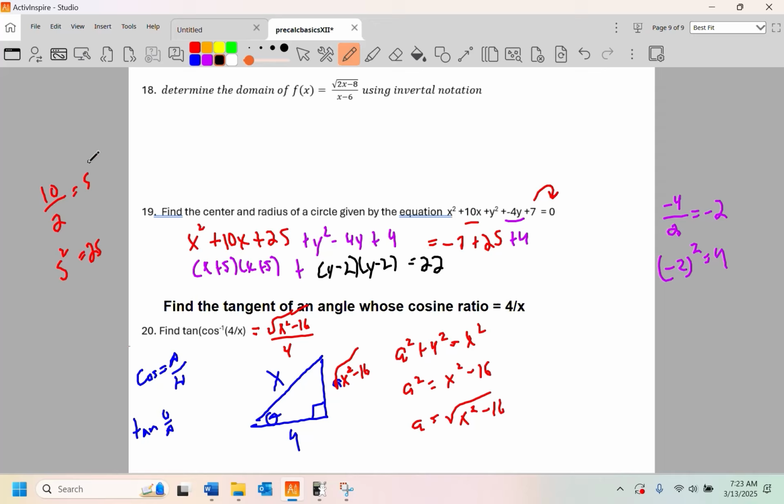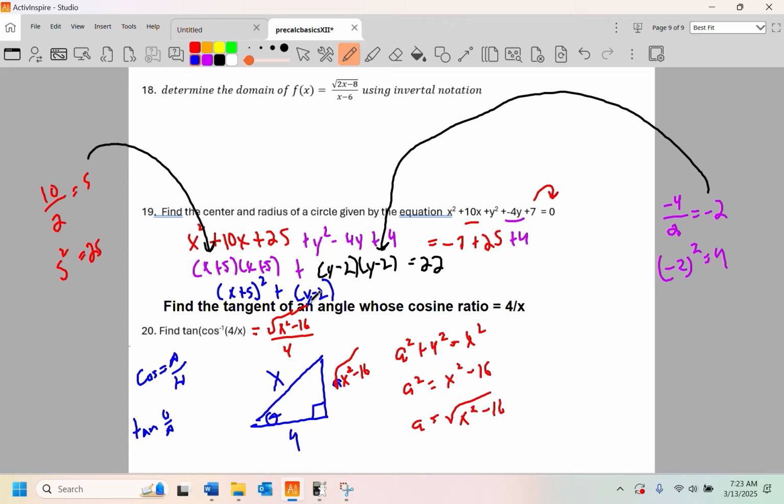Now, see the 5? See the negative 2? All right, there are shortcuts to all this stuff. This is x plus 5 quantity squared. This is y minus 2 quantity squared, and this is 22. Standard form of a circle is x minus h squared plus y minus k squared equals r squared.